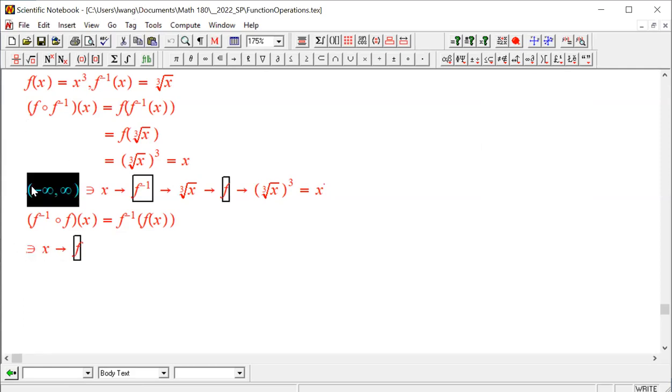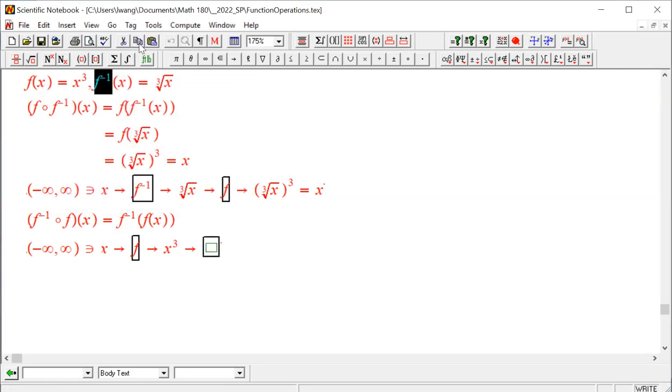It produces an output which is the input powered by 3, and this falls into the domain of the cube root, so we can apply the rule of f inverse.